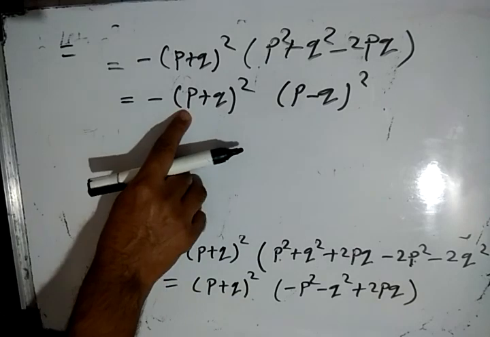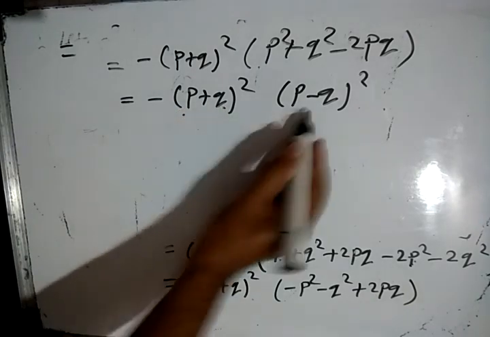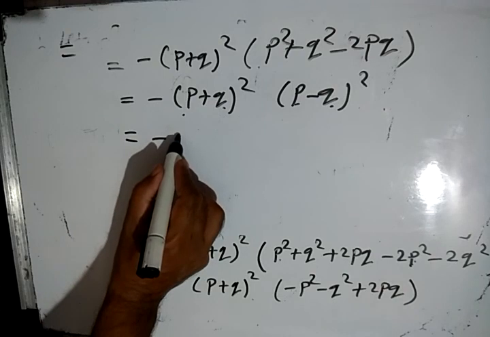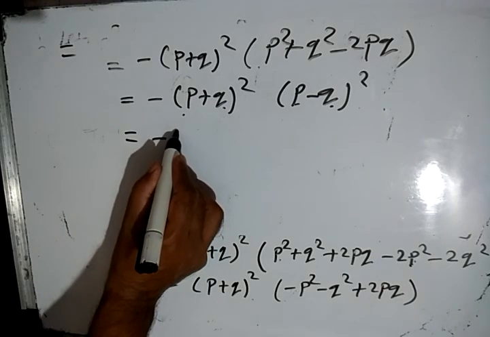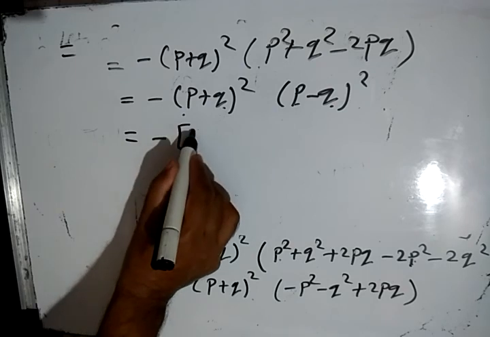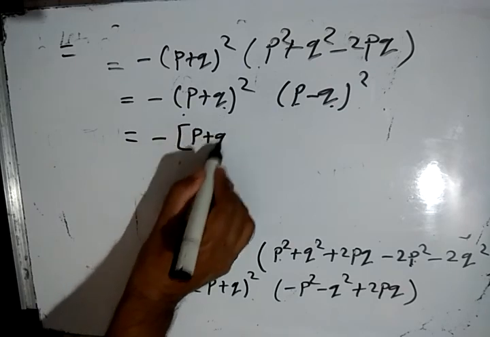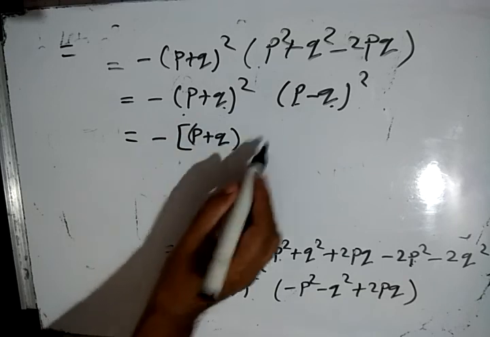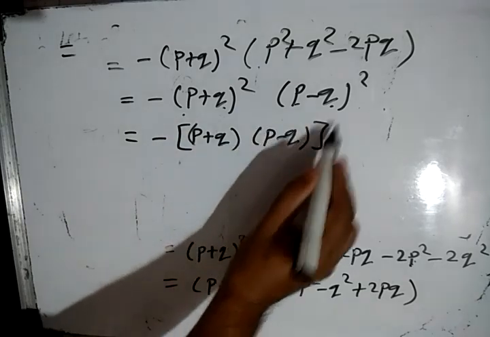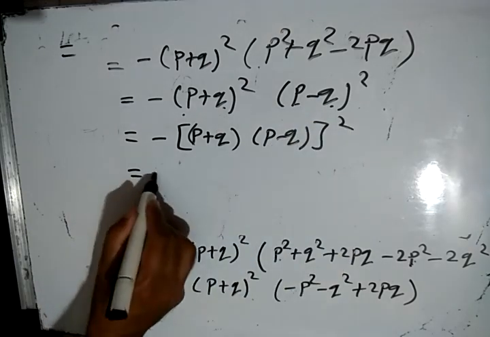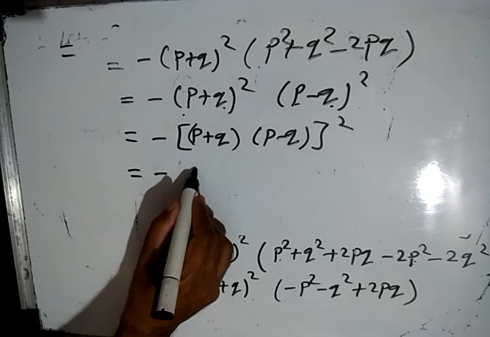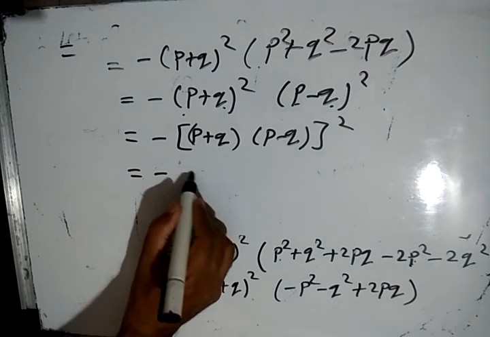Then look at here. Consider this is a plus b, this is a minus b. Here we can write here minus as it is. And here we can write p plus q, p minus q whole square. And here it means what we can write?